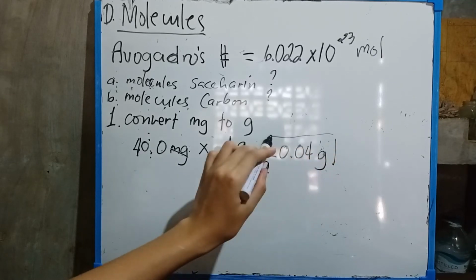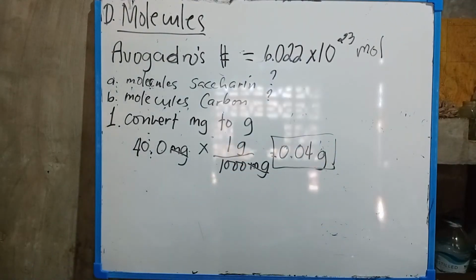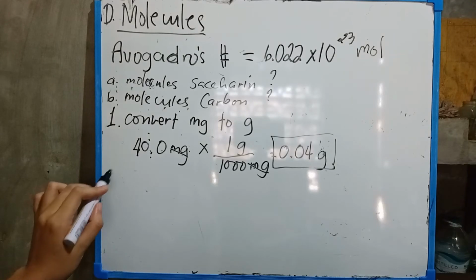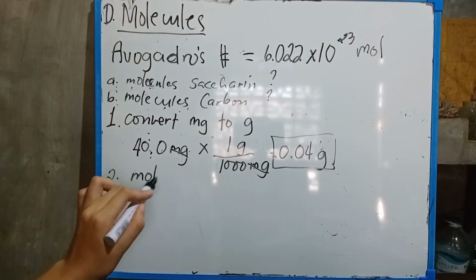So we have now our grams. We've converted it. Second, we're going to get the molar mass of the compound. So the second step is to solve for the molar mass.